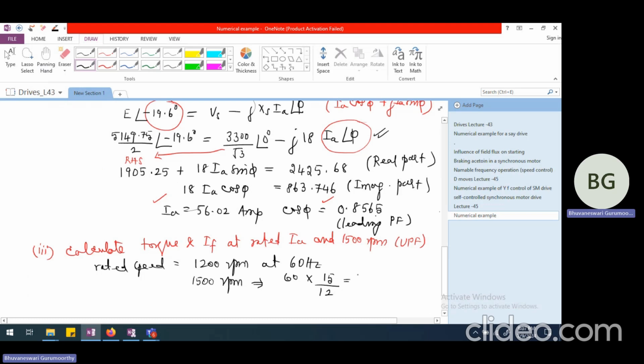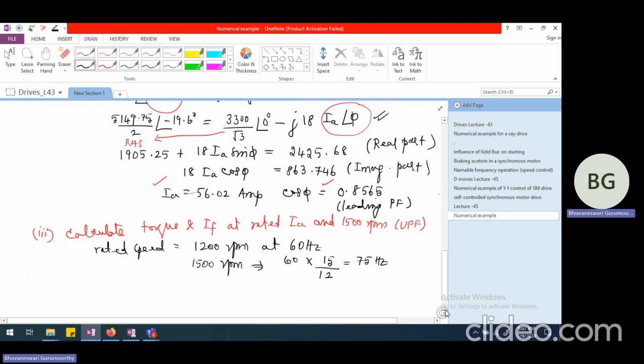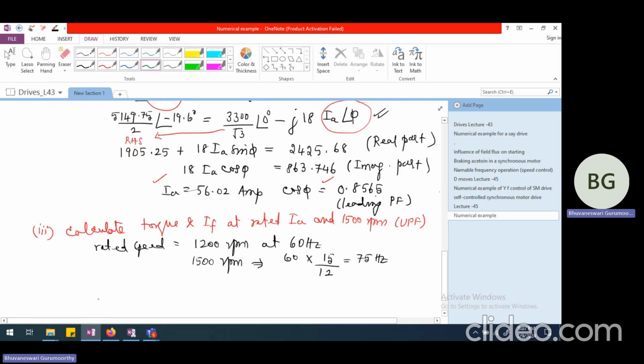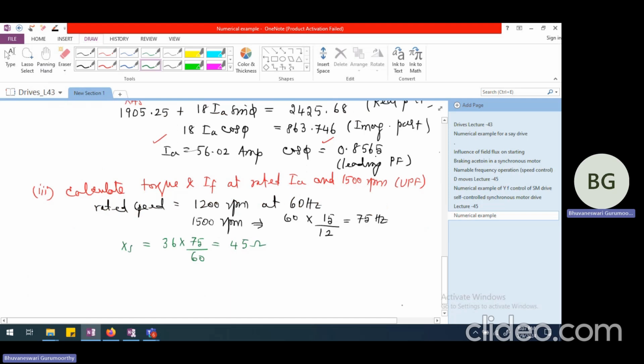So that is 75 Hertz. So the operating frequency here is 75 Hertz. So Xs value will be 36 multiplied by 75 divided by 60. So this happens to be 45 ohms. So Xs value is 45 ohms.